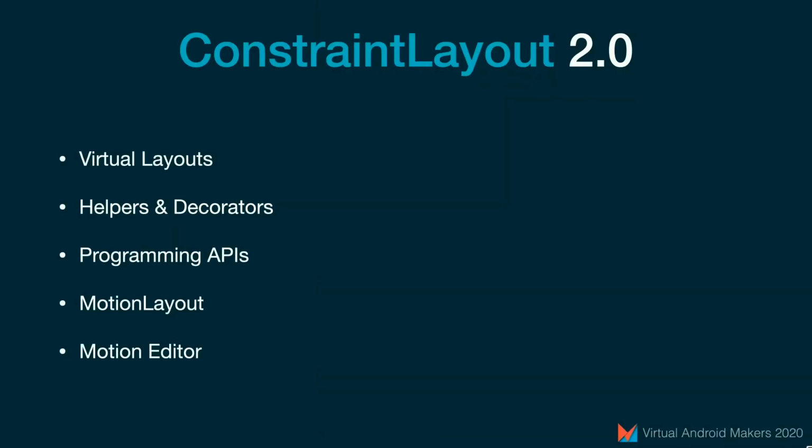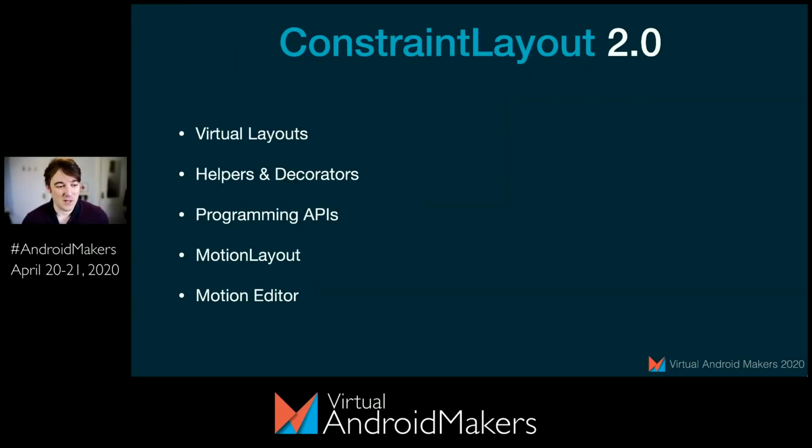So ConstraintLayout 2, what's the difference between that and ConstraintLayout 1? One big thing was virtual layouts. The idea was to keep things even more flexible by having those helper objects that help you position elements in a much more powerful way. So we'll cover that a little more.